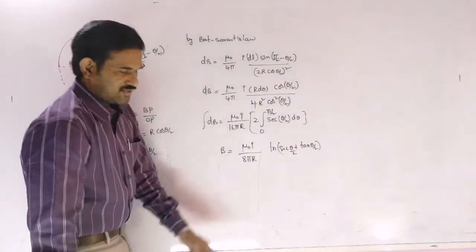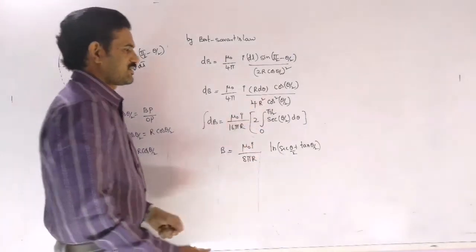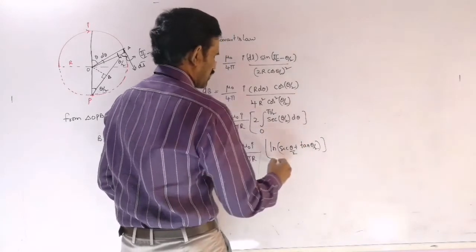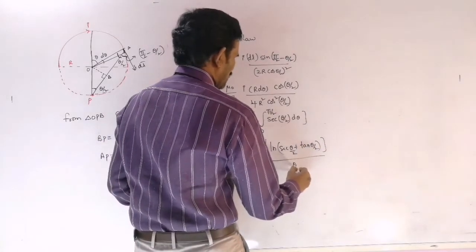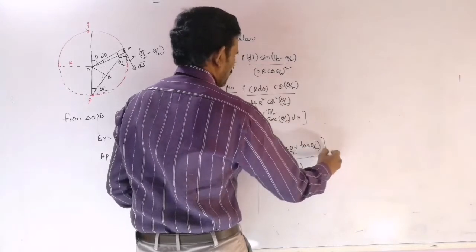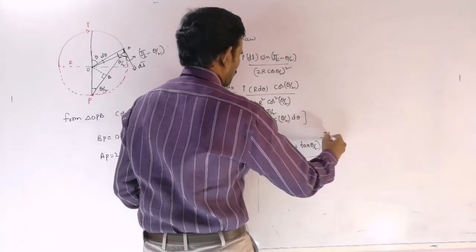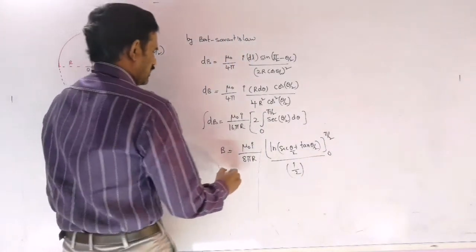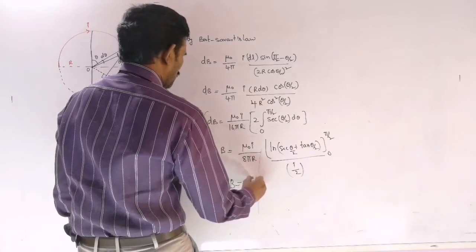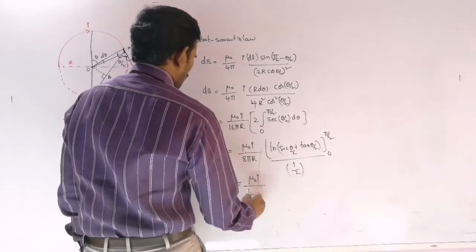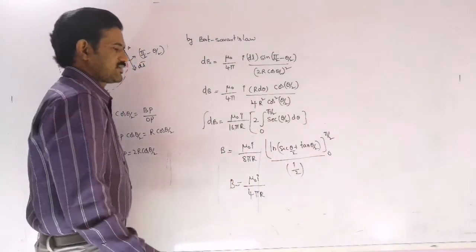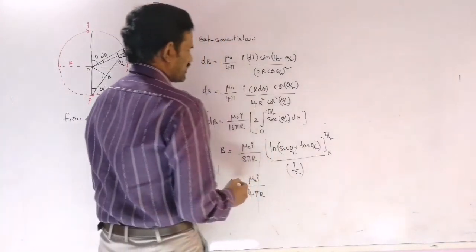I may be wrong here, you may check the integration of the secant theta, and then this value will be the limits. The constant also we need to write there, the internal integration, that means 1 by 2 you will get here. And limits are from 0 to pi by 2. So therefore B is equal to mu naught I by 4 pi R. This 1 by 2 will be cancelled here, and you may substitute these limits there.